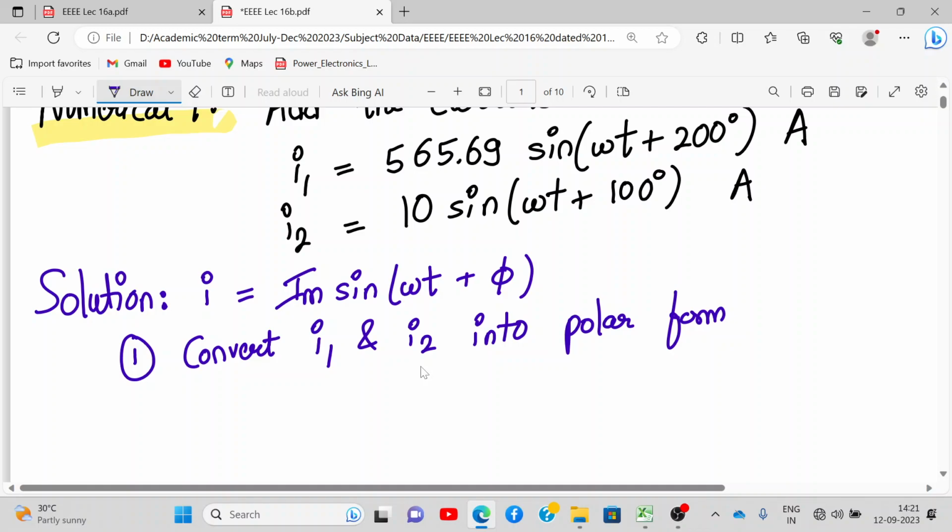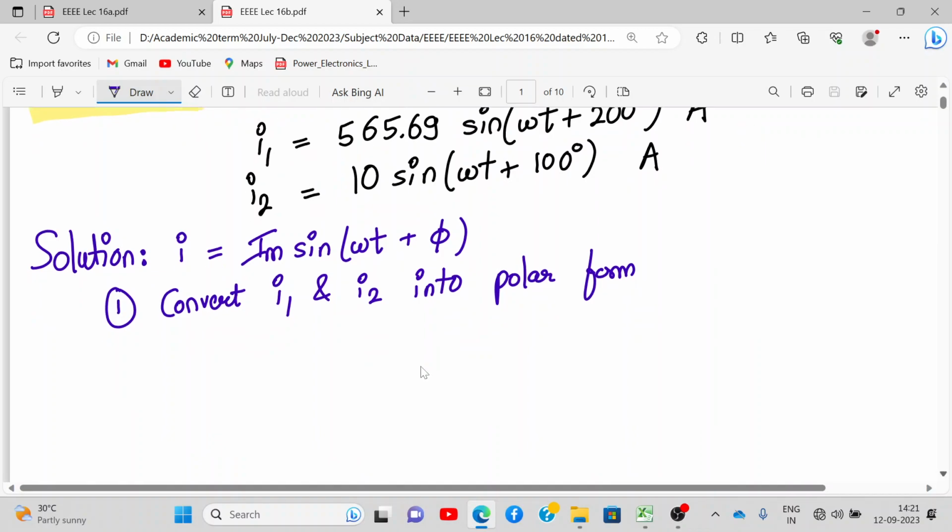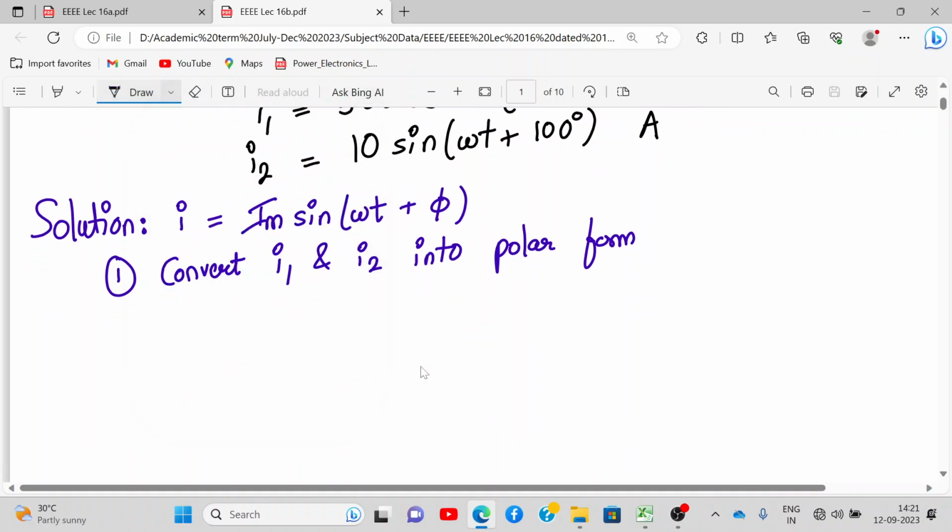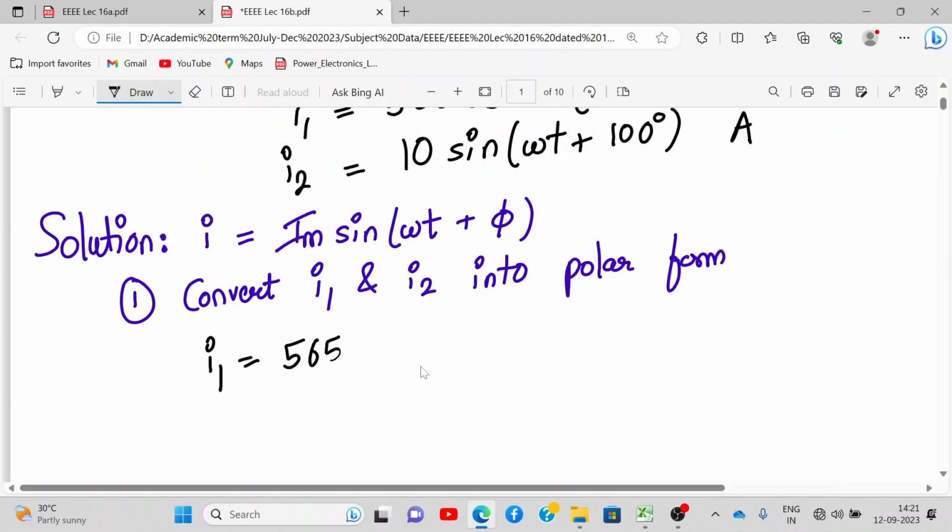So first of all, before converting that, tell me, what is this I1? I1, I'm writing it again. It is 565.69 sine of omega t plus 200, right?